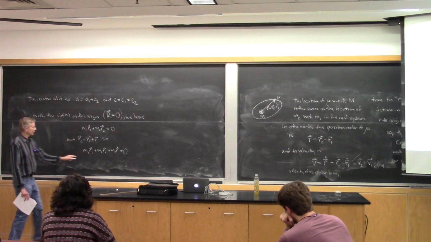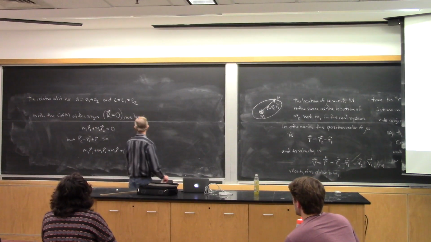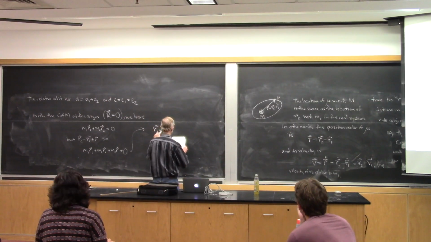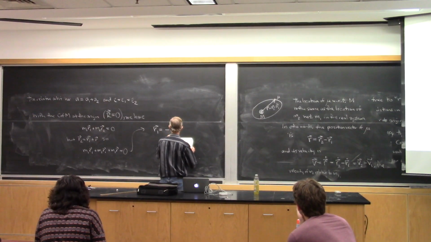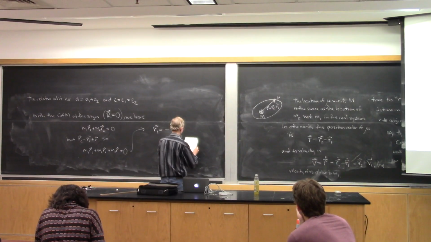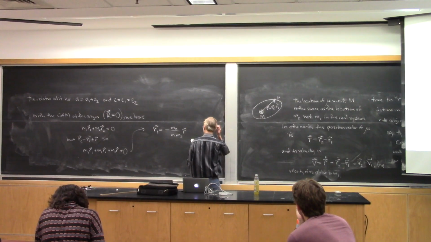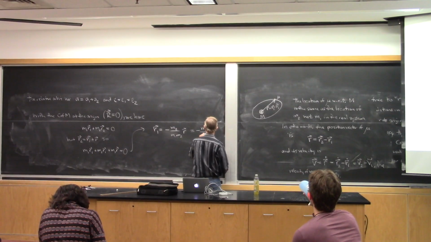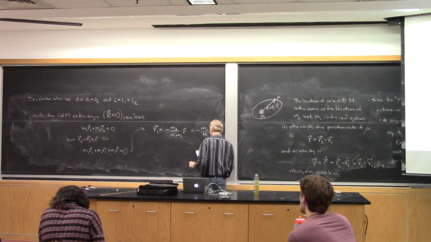And now we can solve for R1 in terms of R. So that says R1 is equal to minus M2 over M1 plus M2 times R. Or in other words, we could call that minus M2 over capital M times R, if we like.